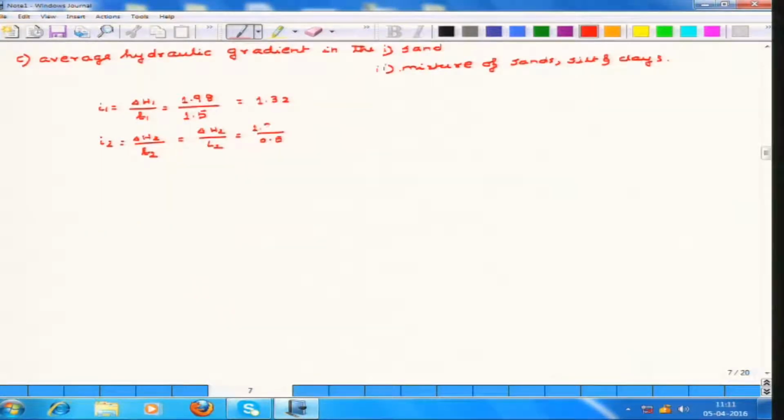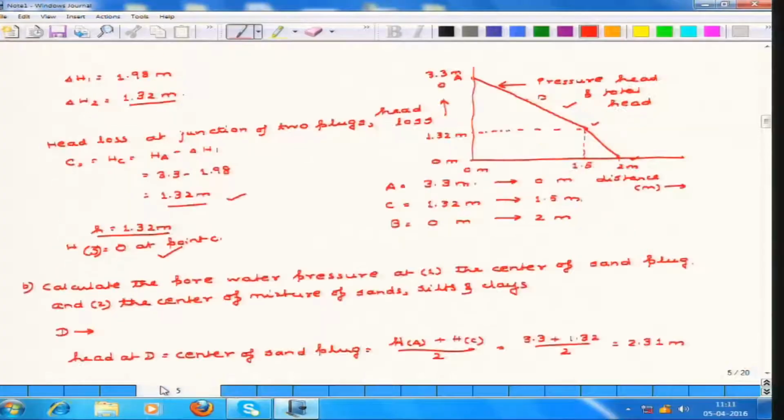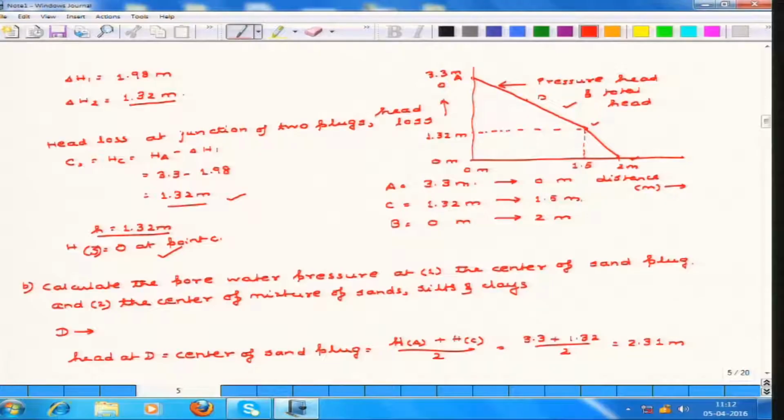So, this comes out to be 2.64. So, we find that the average hydraulic gradient in the mixture of sand, silt and clays is more than in sand, and this is obvious from this plot of pressure head versus distance, because we see that it is steeper in the case of sand, silts and clays while it is less steep in the case of sand.